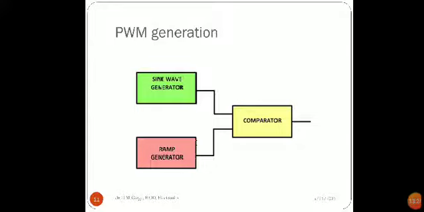And if you apply these two signals to the comparator, now comparator study is going on in your 4th semester LIC course, so you may know the comparator. It has an inverting and a non-inverting input. To these two inputs, you apply the message signal to one of the inputs and the ramp generator to the other. And the comparator output will be nothing but the pulse width modulation output.